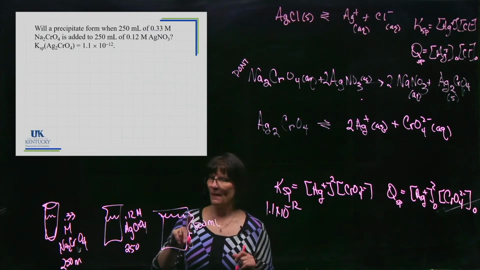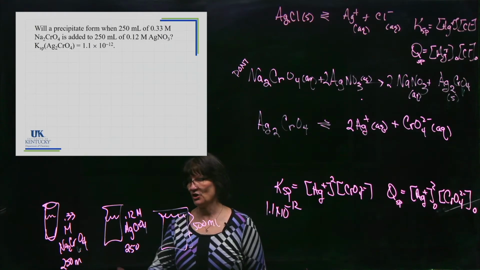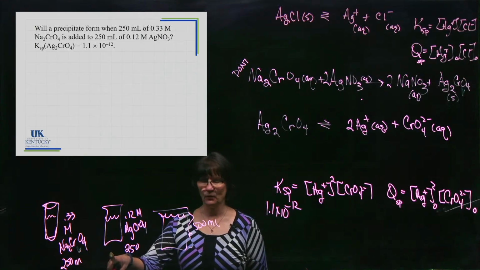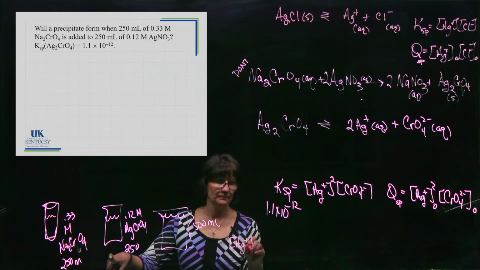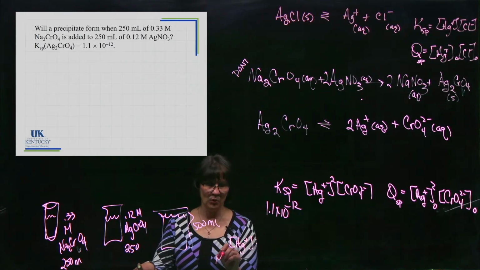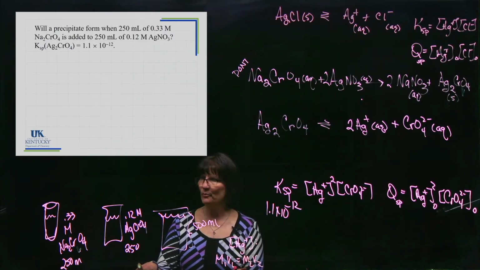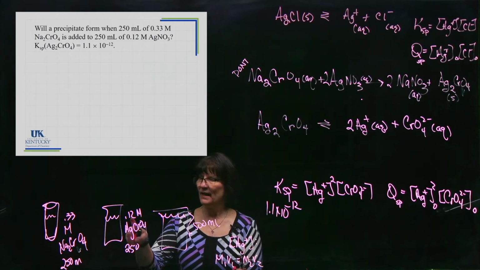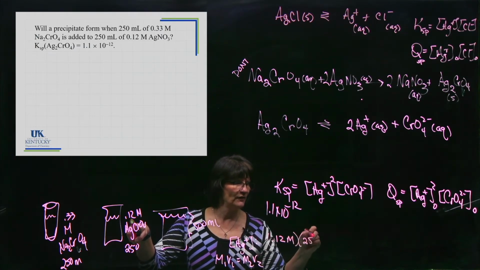All right, I want to first get the silver concentration. Here's my source of silver. So the concentration of silver is going to be done by the dilution formula, M1V1 equals M2V2. I want to know the molarity after they've been diluted. M1 is 0.12 molar. V1 is 250 milliliters.